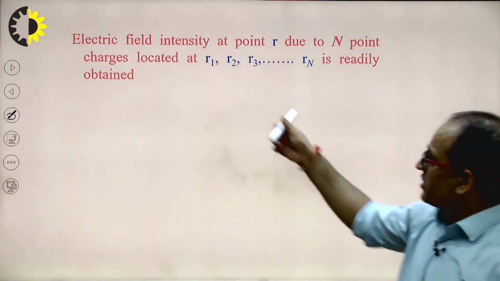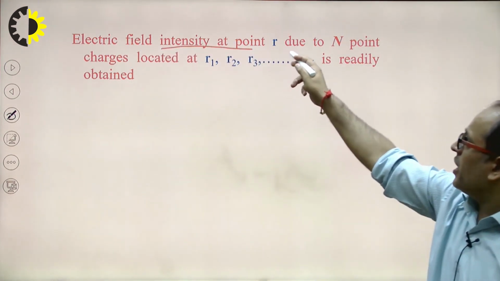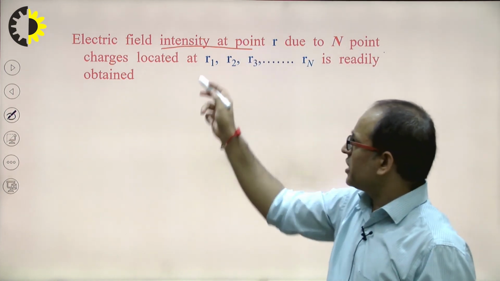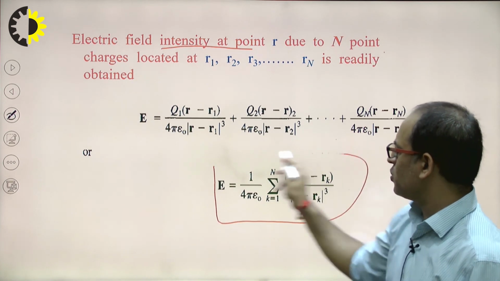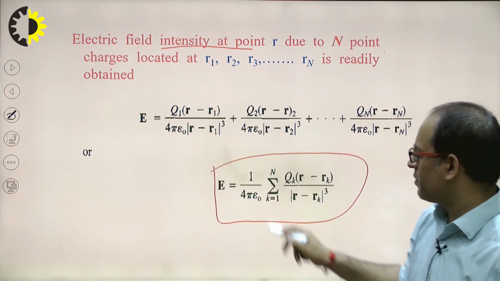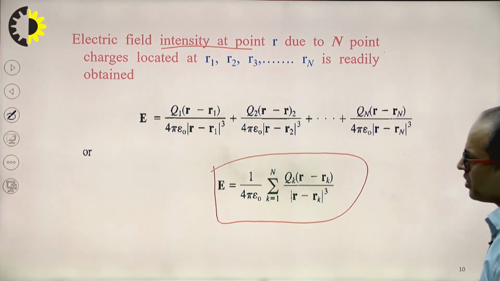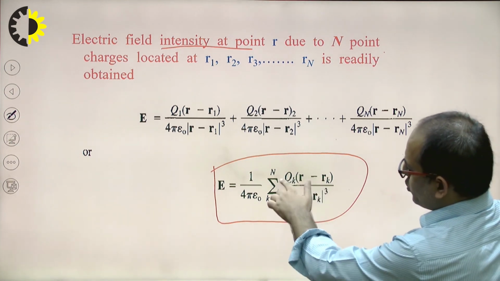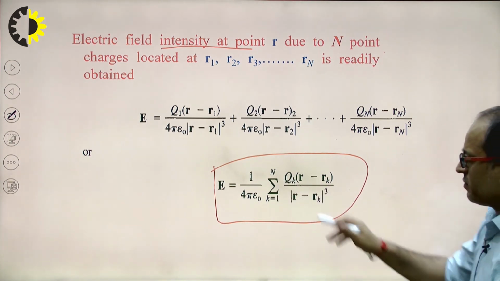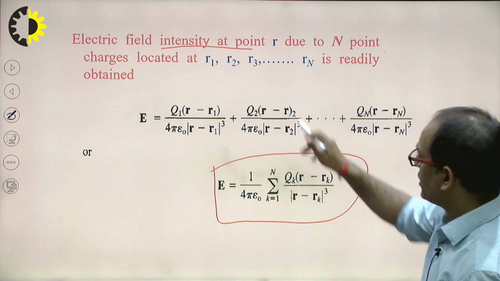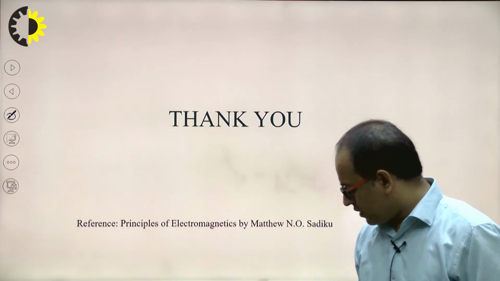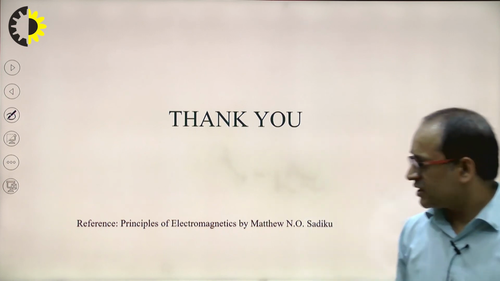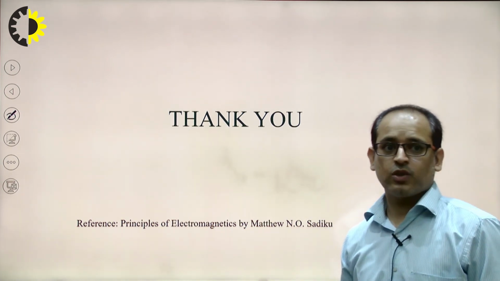So electric field intensity at point R due to n, similarly for n point charges, that will be equal to electric field due to n point charges, 1 by 4 pi epsilon naught, k equal to 1 to n, Qk, these are the number of point charges, that is n point charges, (R minus Rk) divided by this one. So the book I have referred for preparing the slide is Principles of Electromagnetics by Sadiku. Thank you.